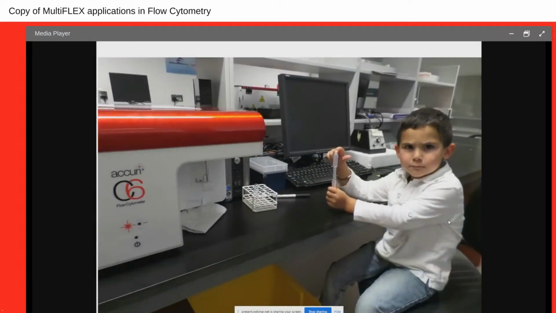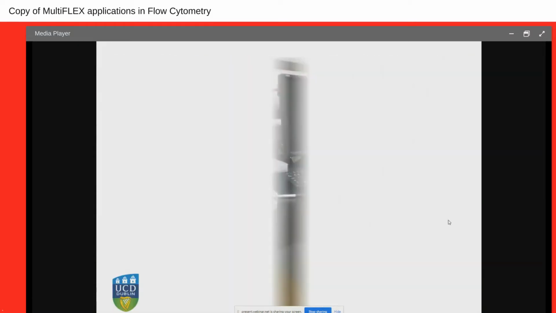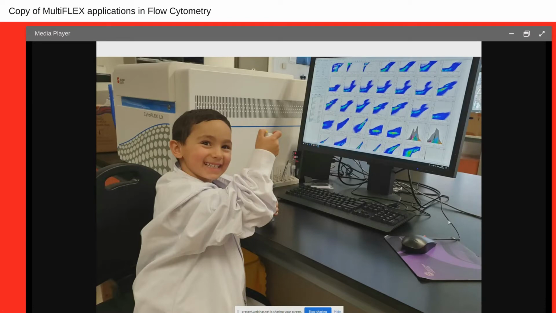So this is the user, as I said, that's quite upset because it has some limitations, but now we put that big smiley face, not just because he's wearing the lab coat and I'm not upset anymore, it's because you can see you have far more capabilities now to analyze your samples, flexibility in terms of the excitation sources, flexibility as well in terms of the capabilities that you have for selecting the wavelengths that you want. It also has the 96-well plate loader here and a very nice and easy stable fluidics platform.